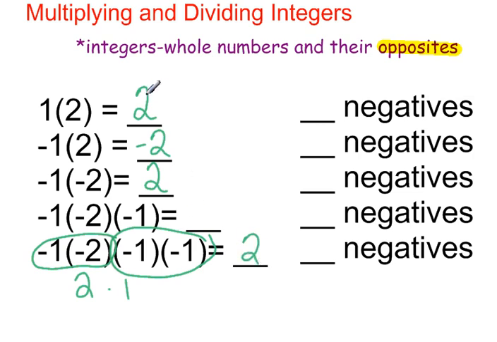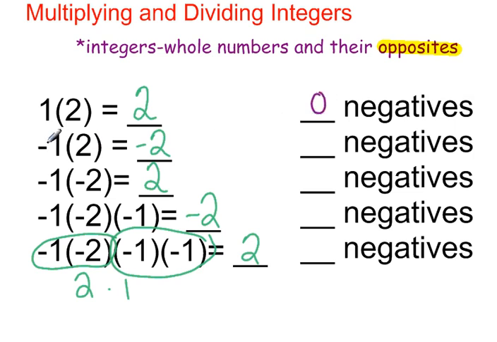And I bet there's some sort of a pattern here. 2, negative 2. 2, and then another 2. I bet this will be a negative 2. I've left some spaces over here for me to fill in how many negatives that I see. Well, there were no negatives in this problem.